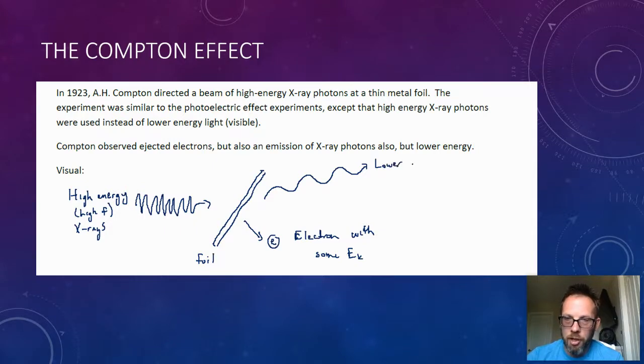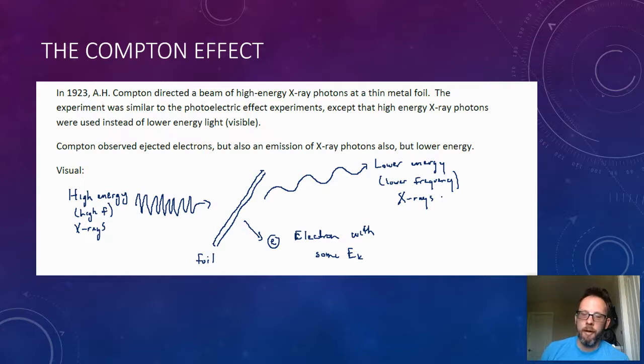So lower energy, lower frequency X-rays. And this kind of gave credence more to the particle theory of light, because this is like a collision where we had some high energy, and then afterwards we have some lower energy, and that difference in energy was made up by the electron with some kinetic energy.